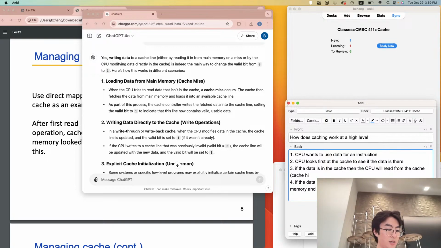So this is a cache hit. This is a cache miss. Okay, so I think that's what's going on at a very high level.